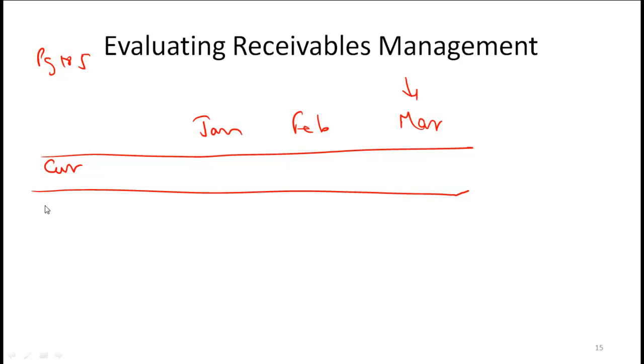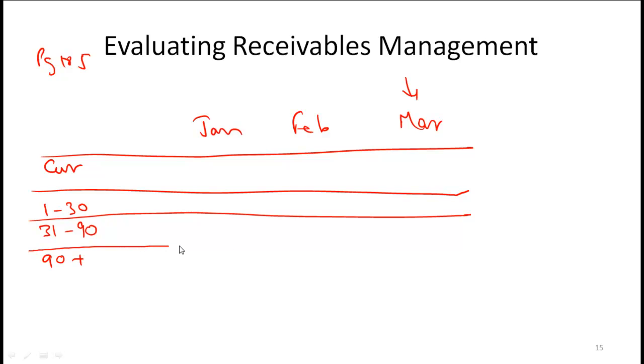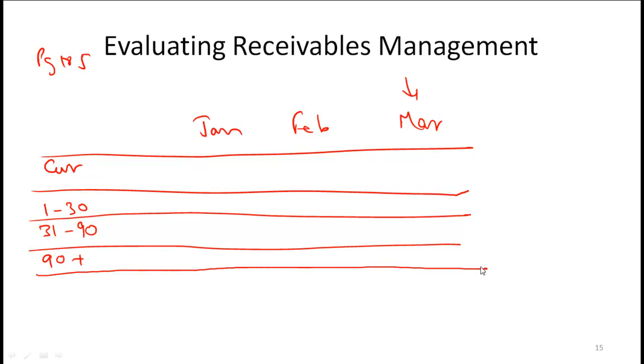And then you will have buckets like 1 to 30 days overdue, 31 to, let's say, make it simple, 31 to 90 days overdue, and then 90 plus overdue. And you want to see then what percentage of your receivables fall within each of these buckets.